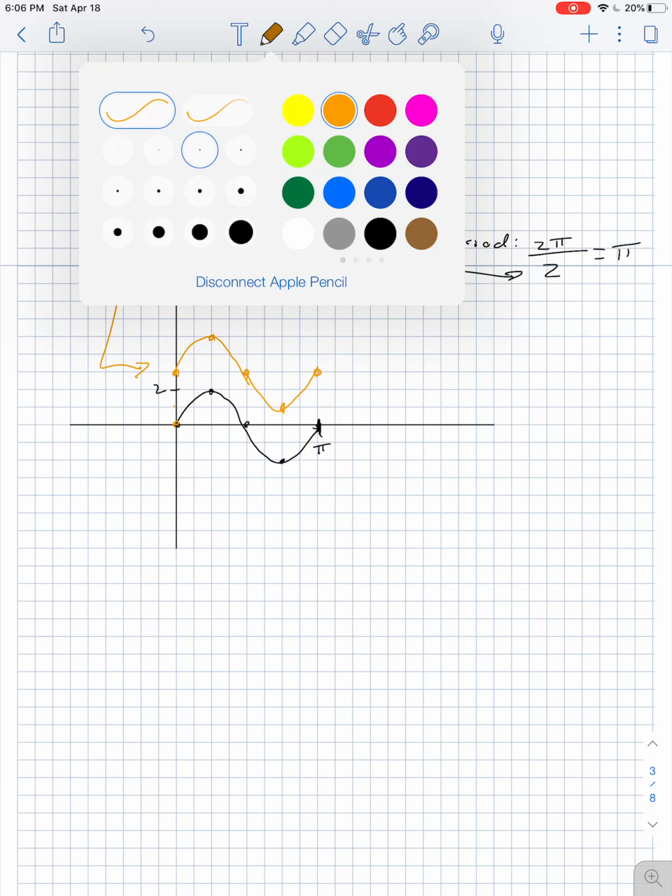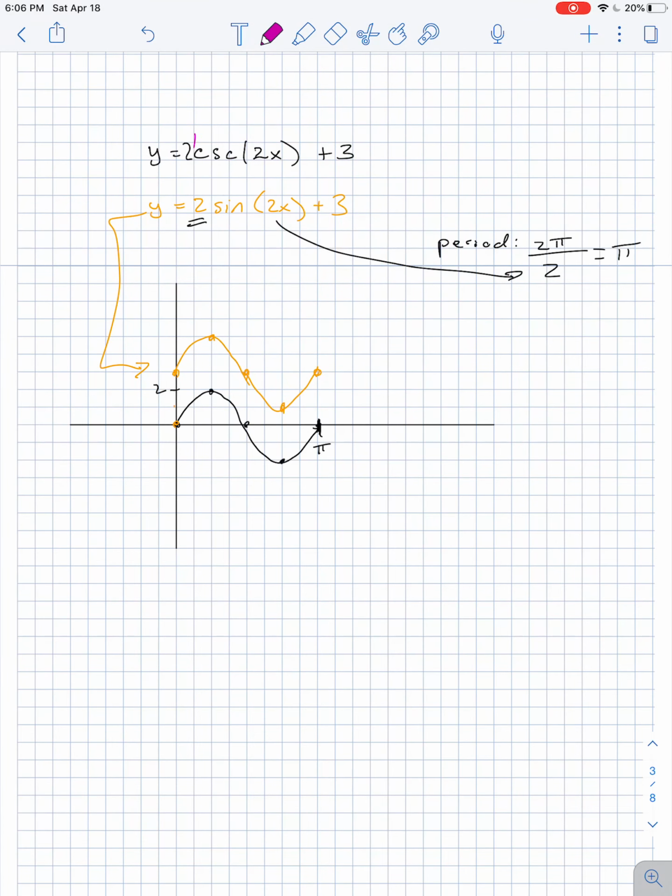Now, what do I do for cosecant? We're going to do this in pink. Now we're going to change it to cosecant. So I find my midpoints. My midpoints are the points in the middle of the peak and the valley, the top and the bottom. That's where I'm going to draw my asymptotes, here and here.